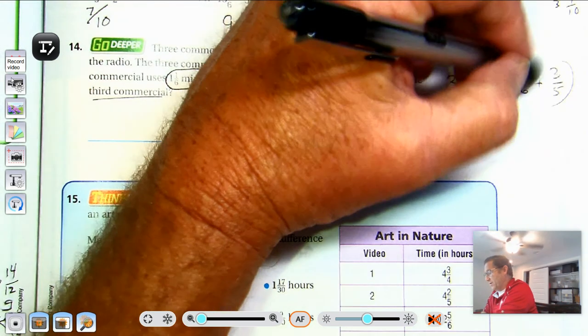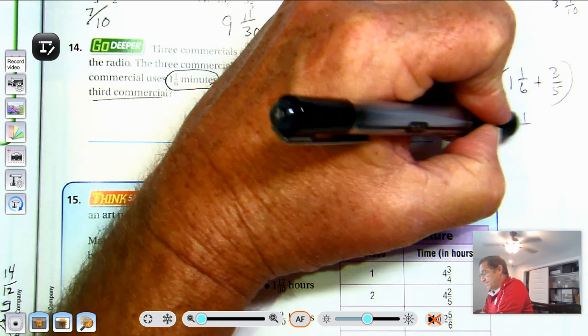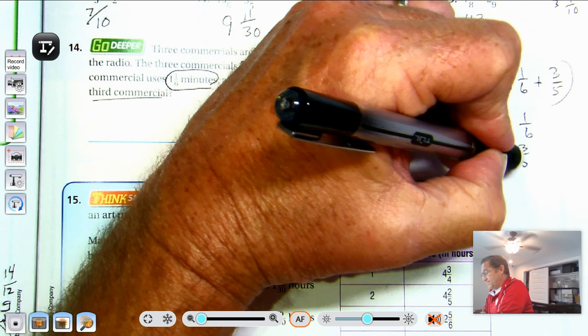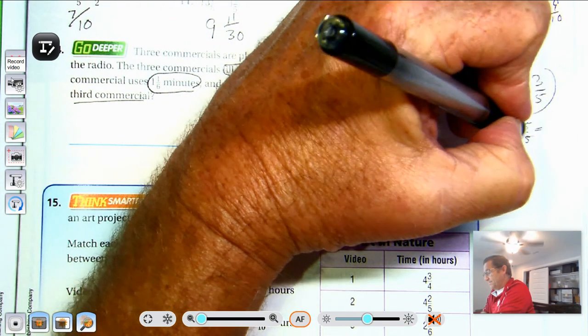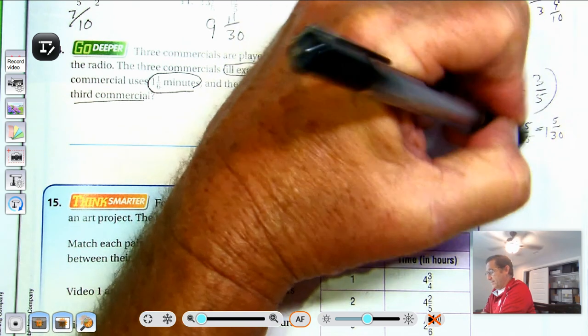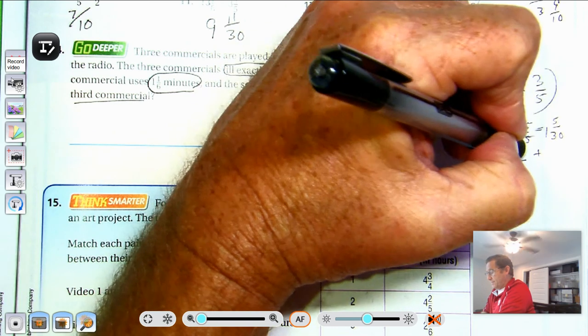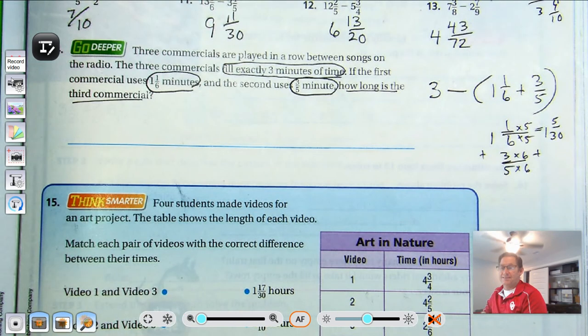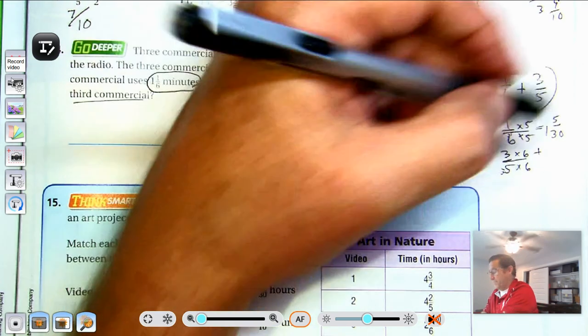All right, so let's solve this part. So 1 1/6 plus 3/5. Well, let's multiply the 1/6 by 5/5. That's going to leave us 1 5/30 plus, multiply the 3/5 by 6/6 because we're multiplying by the opposite denominator to get a common denominator.